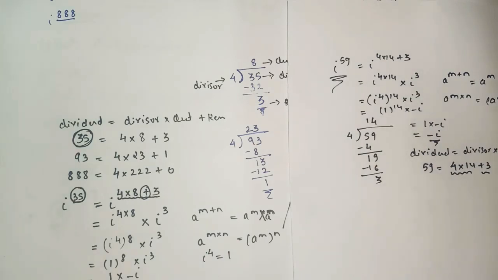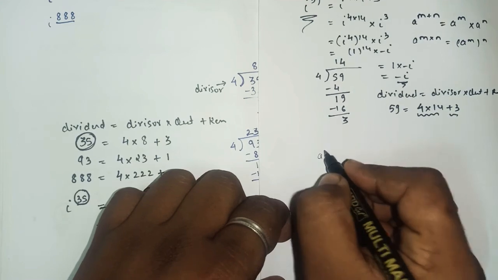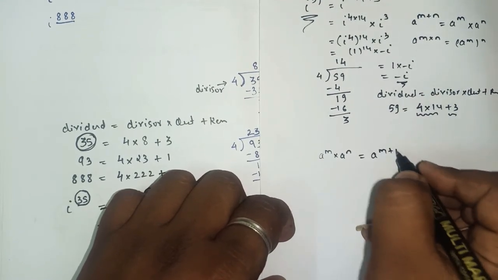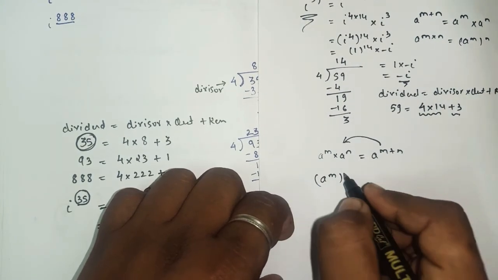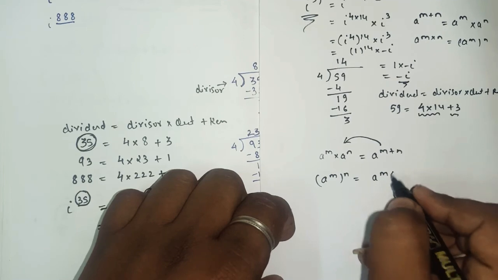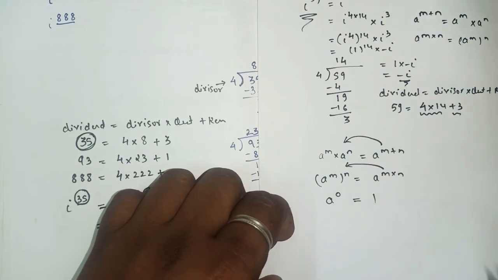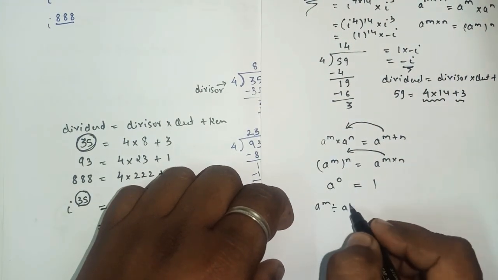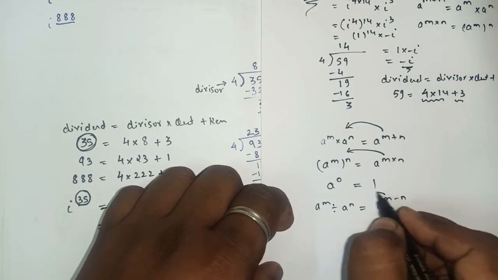Okay, understood? So just remember these 3-4 formulas. a raised to m into a raised to n is equal to a raised to m plus n, or the reverse. (a raised to m) the whole raised to n we can write as a raised to m into n, or reverse. Any number raised to 0 we know is 1. a raised to m divided by a raised to n is equal to a raised to m minus n, or reverse.